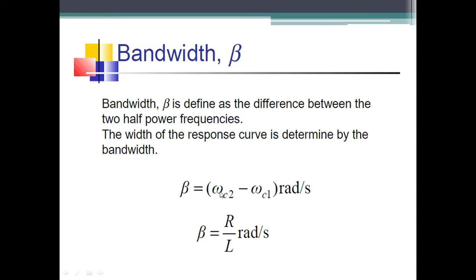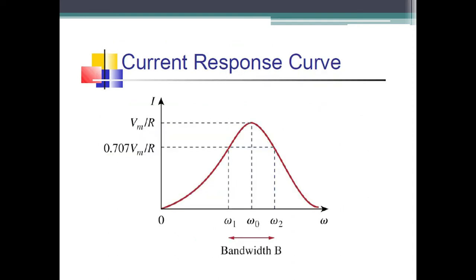Here omega C2 and omega C1 are two different frequencies: the lower cutoff frequency and the upper cutoff frequency.